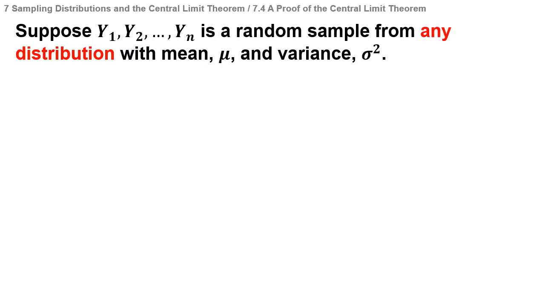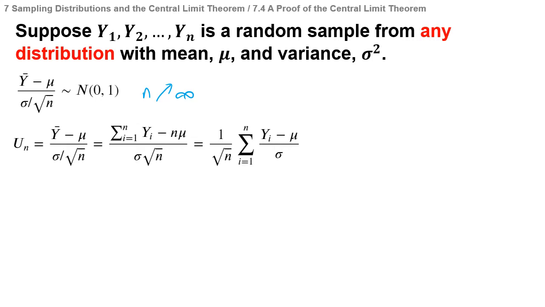Suppose Y1, Y2, ..., Yn is a random sample from any distribution with mean mu and variance sigma squared. Then the central limit theorem says that (Y bar minus mu) divided by (sigma over square root of n) goes to the standardized normal distribution as n gets large. Let's define Un as this quantity.